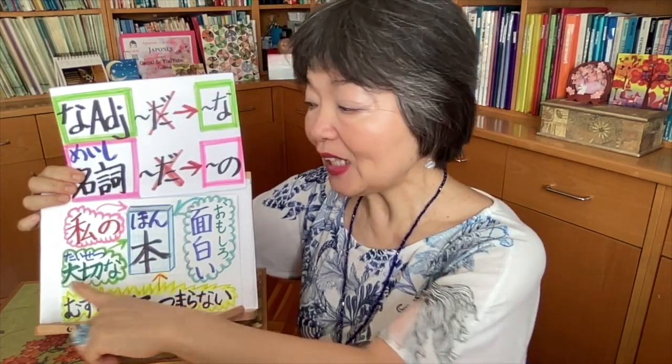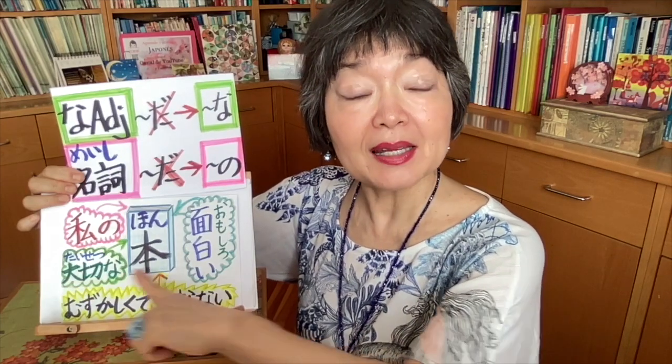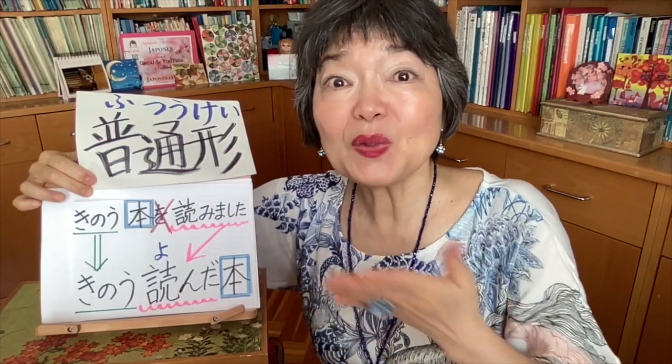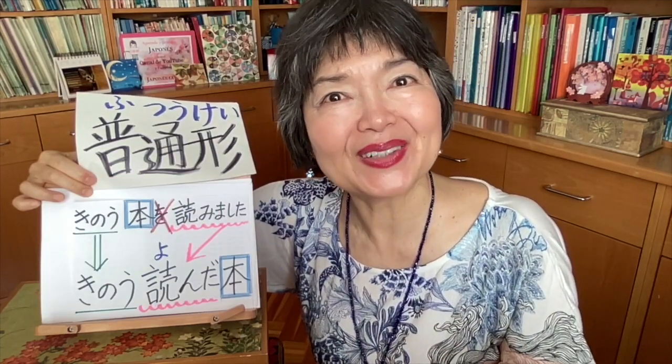But I think you already knew it, right? And also 大切な本. 大切な, this is な adjective, important. Then that was 大切だ, but this is 大切な. 大切な本, very important book. But I think you knew it. I guess it was quite easy till here, right?